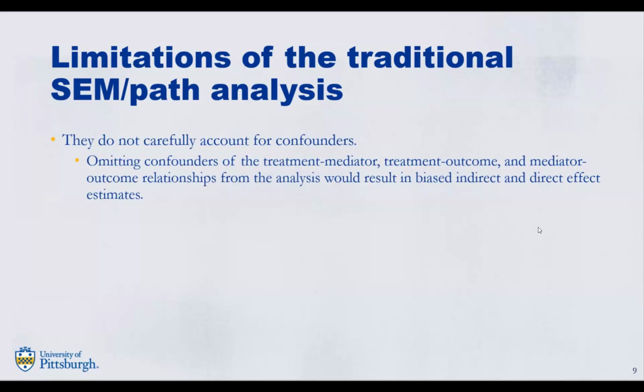And here, by confounder of the treatment mediator relationship, I mean a variable that affects both the treatment and the mediator. If the treatment is randomized, there are no confounders of the treatment mediator or treatment outcome relationships.